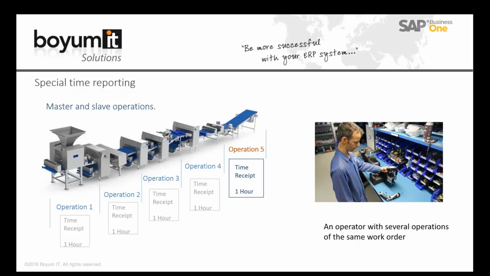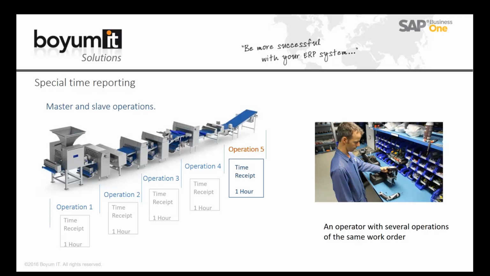Or it could be that we have one person working at the same time in several operations, but the same work order. But at the moment of reporting, we are not going to report 5 operations in this case, only one of them. And we can report in only one of them, which we call the master operation.